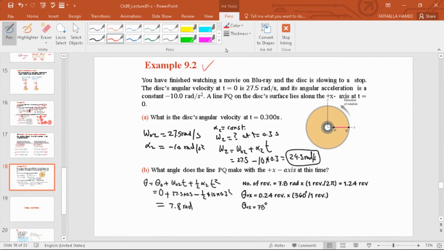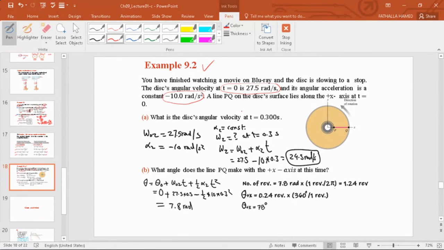You have finished watching a movie on Blu-ray. The disc is slowing to a stop. The disc's angular velocity at t0 is 27.5 rads per second, and its angular acceleration is minus 10 rads per second squared.